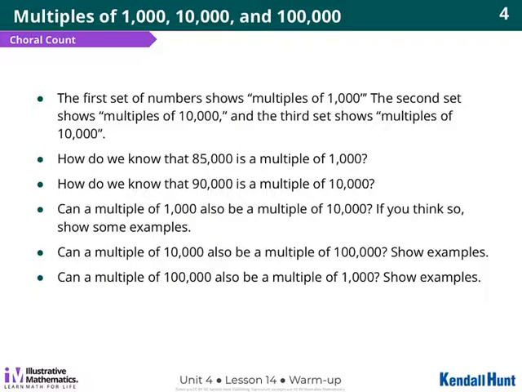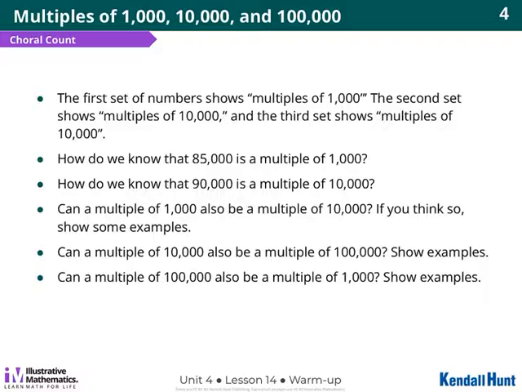Turn and talk with your neighbor. And end your conversations. Raise your hand to share. I heard everybody say the same answer, so I know more of you know this. Brayden.